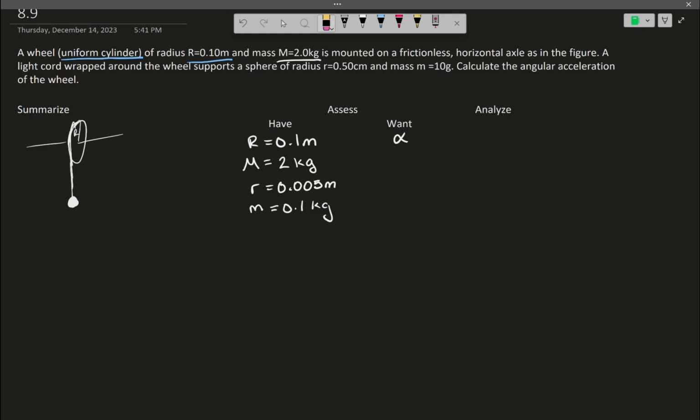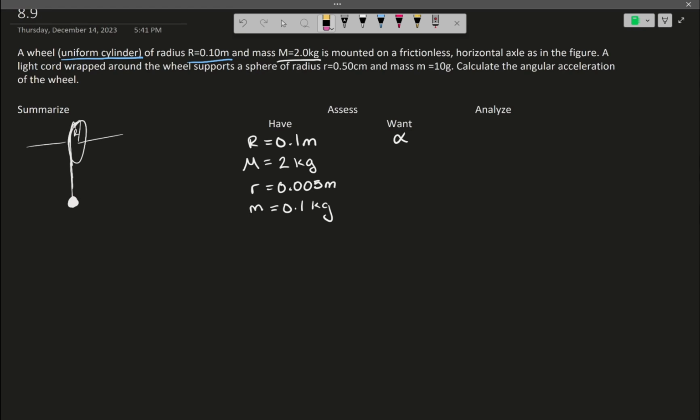The next thing that I want to consider is what is going to cause this wheel to rotate. I have no discussion of any applied force, it doesn't state that suddenly a squirrel comes up and starts pulling on anything. There's nothing here that is obviously going to make this wheel rotate.